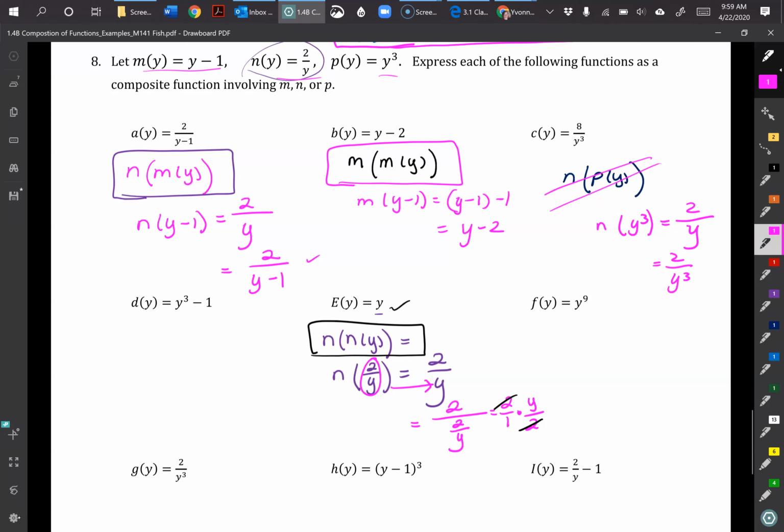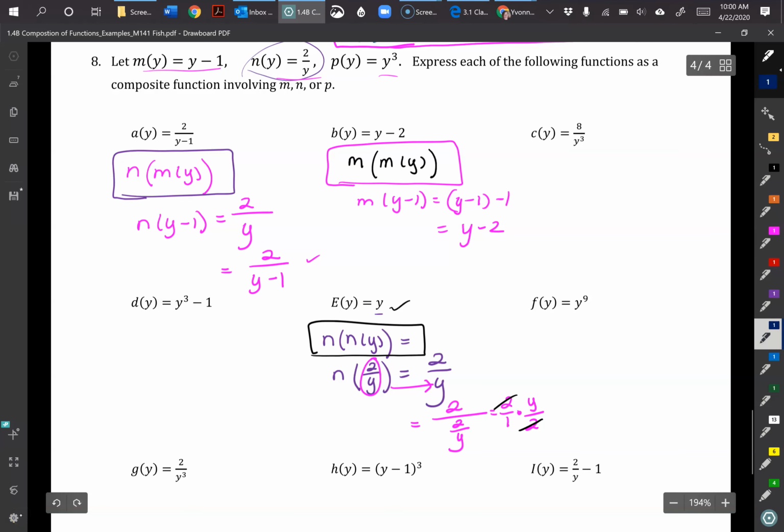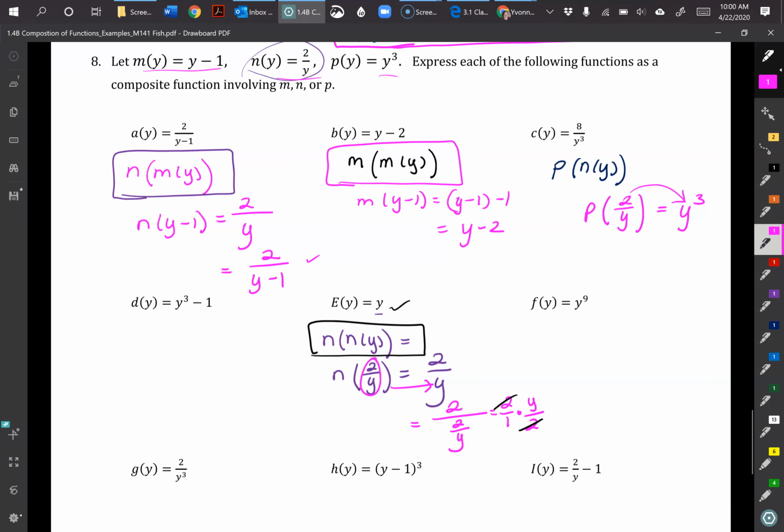So I'm going to pause and erase that, because I want to make sure you know how to do the trial and error a little bit. So let's try to switch them around. So we're going to have then p of n of y, and that will be p of 2 over y equals y cubed, and now we're going to take that 2 over y in for y, so we get 2 over y all cubed, and then that will be my 8 over y cubed.